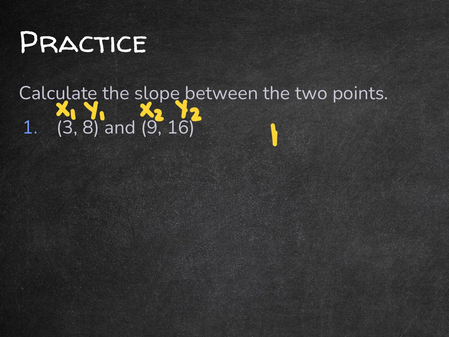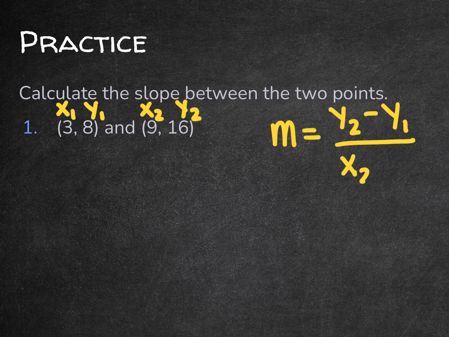So when you have a slope, you take their y's and subtract them, and you take your x's and subtract them. So the actual slope formula is y2 minus y1 on top and x2 minus x1 on the bottom. And m is just another way to say slope.